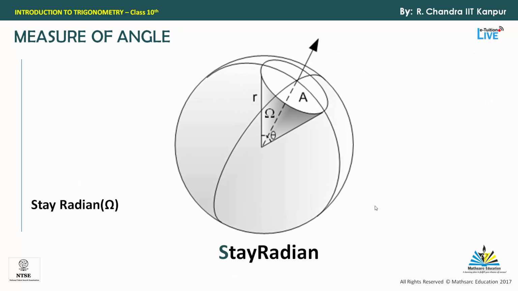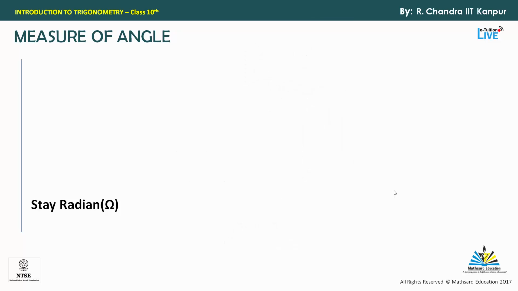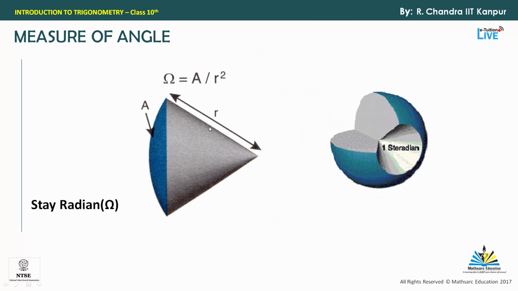Now, next angle we have is steradian, and this is the angle that measures solid angle. Here you can see we have a ball and its center is here, and the solid angle is represented by omega, as you can see. Now what is a steradian? Let's see in another figure. As you can see, I have taken a sphere and cut a cone from it.